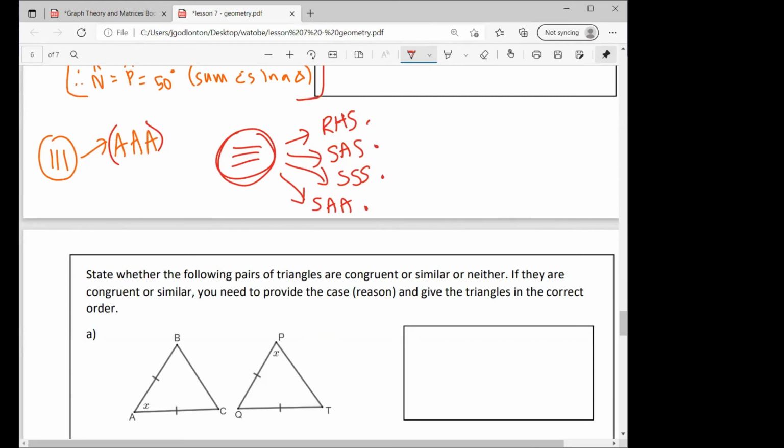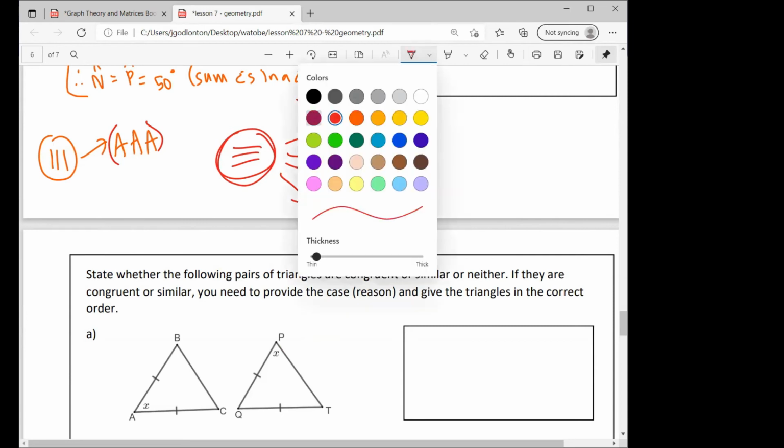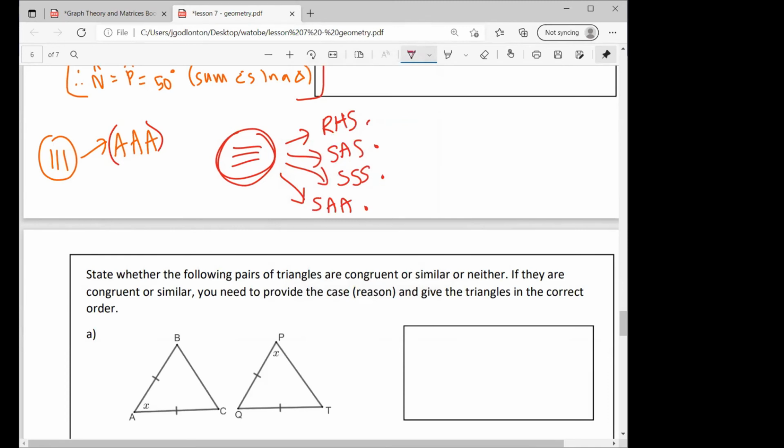I'm going to help you a little bit with A, and then I'll let you try the next one. For this one, what do we have that's the same? I can see that AB is the same as QP, and AC is the same as QT. Those are 2 sides. And I've got this angle up here, which is X, and that angle there, which is X.